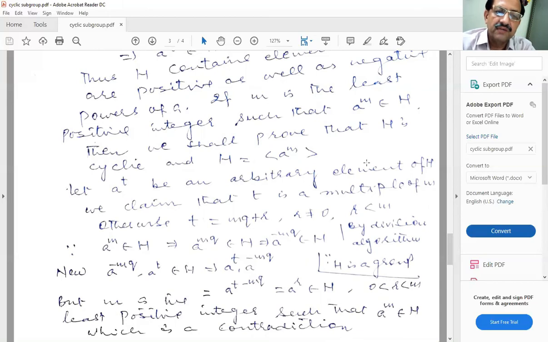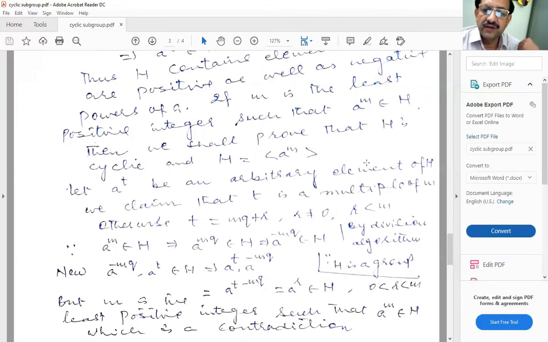Now A raised to power m belongs to H implies A raised to power mq belongs to H implies A raised to power minus mq belongs to H. ये तो ग्रुप की प्रॉपर्टीज हैं. Now A raised to power minus mq and A raised to power T both belong to H implies their product belongs to H, powers being added: A raised to power T minus mq, that is equal to r.